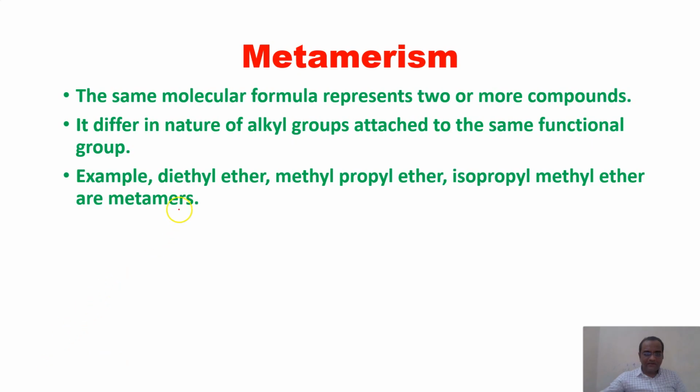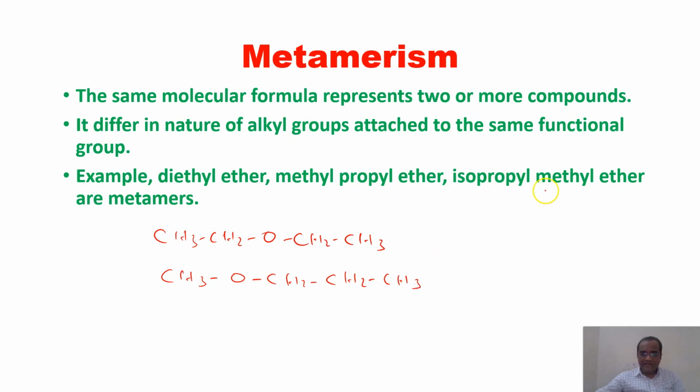I will write a certain example, that is dimethyl ether, and methyl propyl ether. I will write the structure of methyl propyl ether. And third, isopropyl methyl ether. I will write the structure of that compound also.